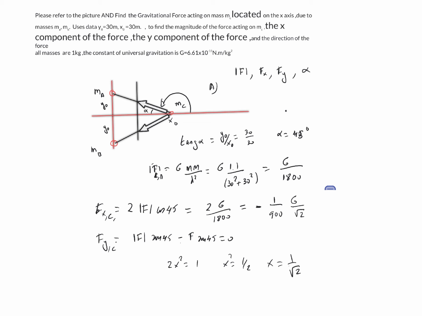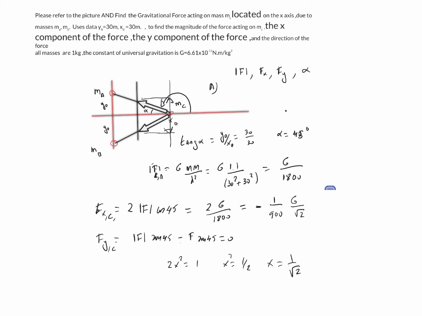So now I will see in the problem that the force in the y direction will cancel with the force in the y direction due to the force of attraction of the other mass. So there would remain one force in the x direction due to this, and the same amount of force in the x direction due to this one.